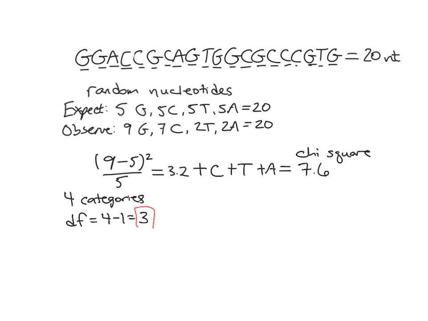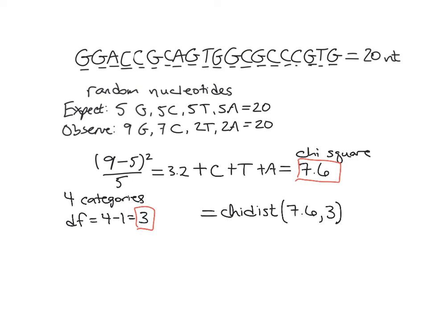So again, we have the 2 pieces of information we need to interpret these data and identify the p-value associated with these numbers. And what I did this time, instead of using the chi-square table, was I used Google Sheets or Microsoft Excel by typing the following into the equation bar: equals CHIDIST, short for the chi-square distribution, open parentheses, whatever the chi-square value is, in this case 7.6, and then a comma, and then type in what the degrees of freedom is, 3, close parentheses, and then hit enter.